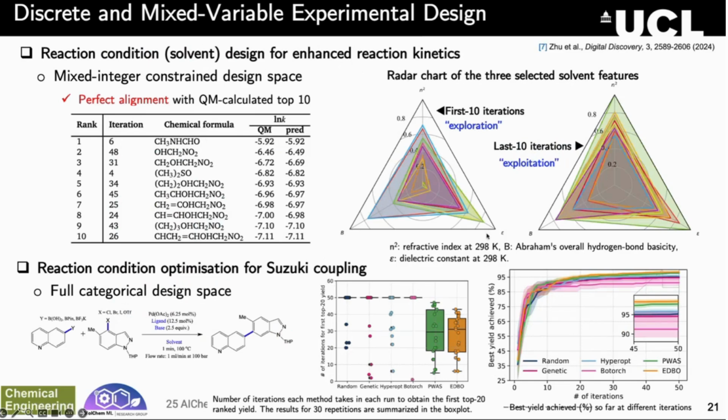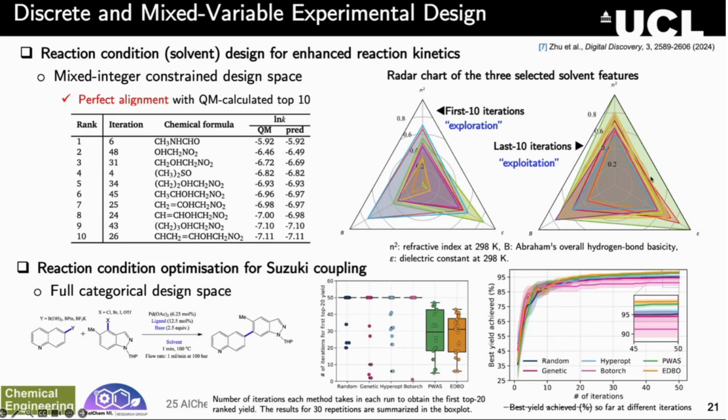And here are the results from applying our PWAS framework to the solvent design for enhanced reaction kinetics. The algorithm was able to recover the true top 10 solvents. And on the right, we show the radar charts of the selected solvent candidates across the key properties. Each triangle here represents a different solvent. In the first 10 iterations, the model explores broadly across the property space, so you see the different areas of the triangles.